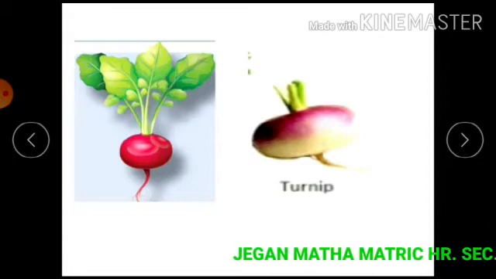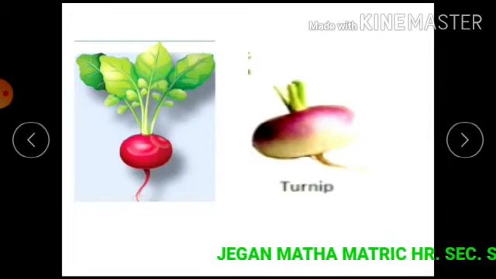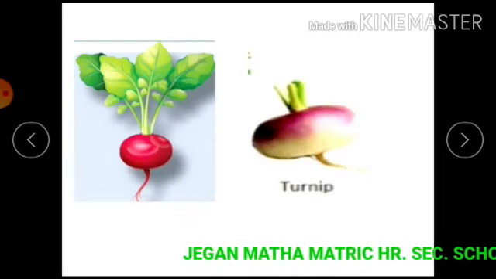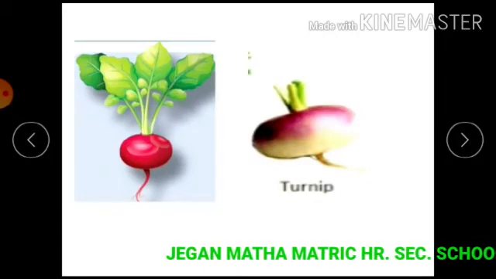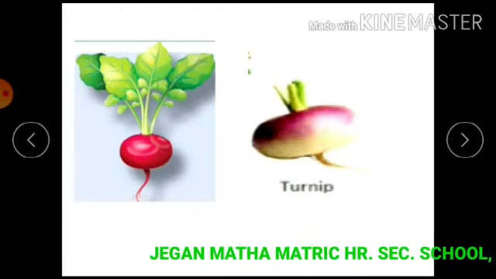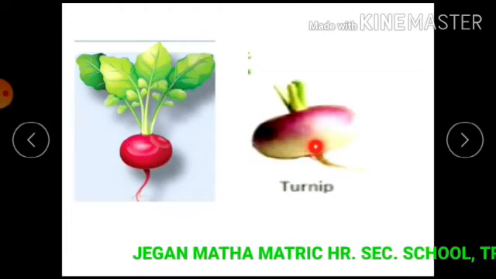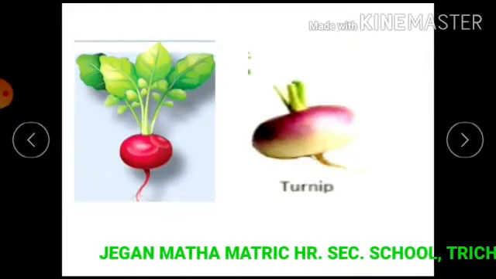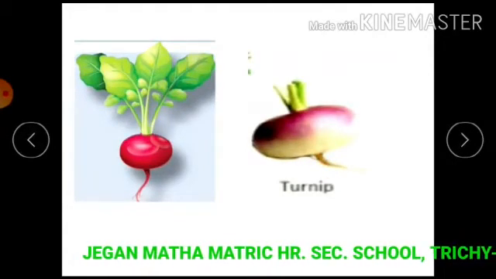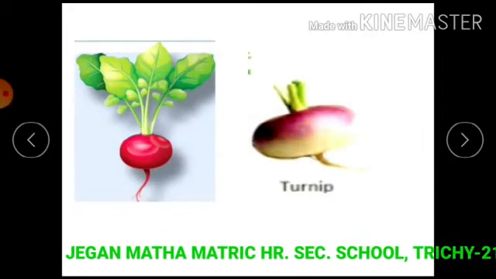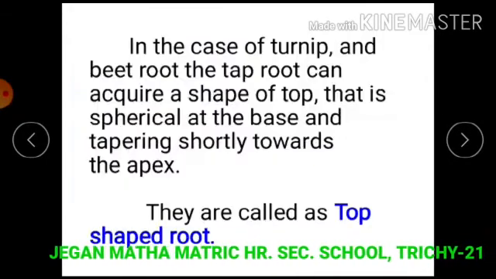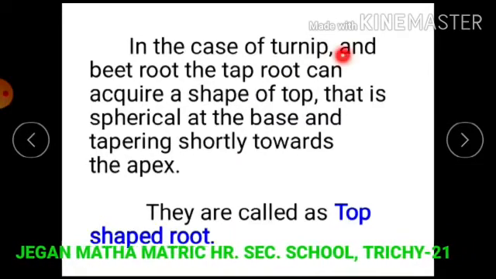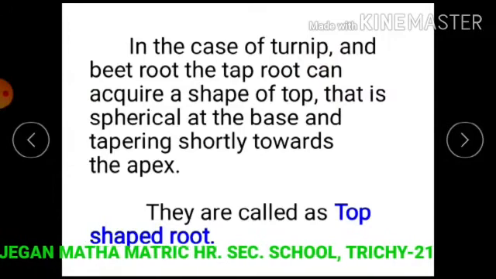At times, like in the case of turnip and beetroot, the tap root can acquire a shape of top, that is spherical at the base and tapering shortly towards the apex. They are called top-shaped root. The examples of top-shaped root are turnip and beetroot.